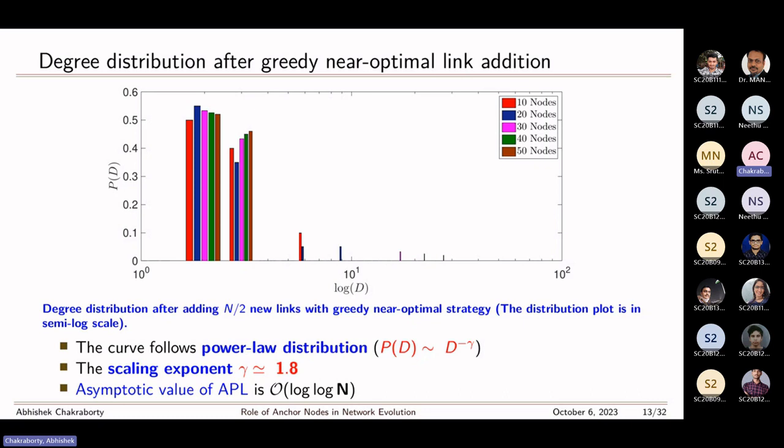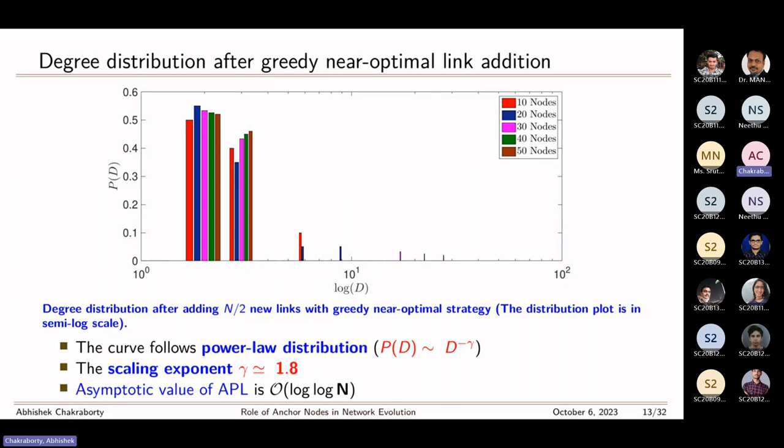Power law distribution means that if D is the degree of this particular graph, the distribution is similar to D to the power minus gamma, where the gamma value is 1.8.